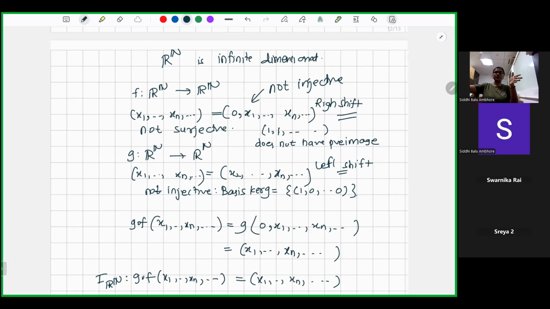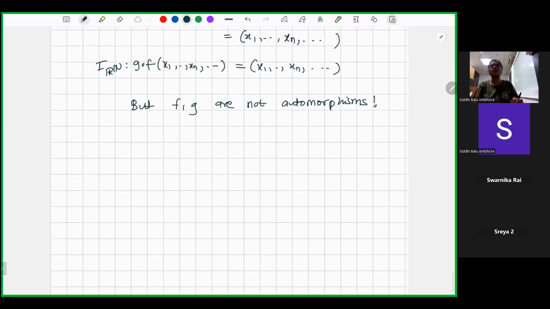Because whatever the image is, the first coordinate is always 0 in the image. So this does not have any pre-image in Rn. Okay? So the infinite dimensional case is not good for us, at least for these conditions. And one last thing which I wanted to do is, yeah, this one.